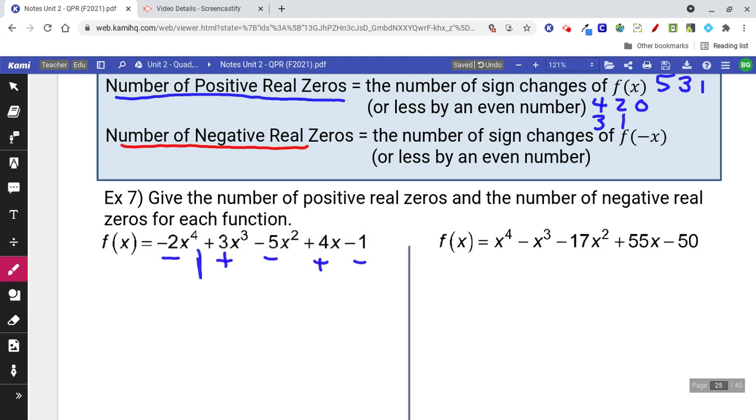Sign change. Right here is a sign change. It goes from negative to positive, changes to negative, changes to positive, changes to negative. I see 4 sign changes. So the number of positive real zeros is 4 or 2 or 0.